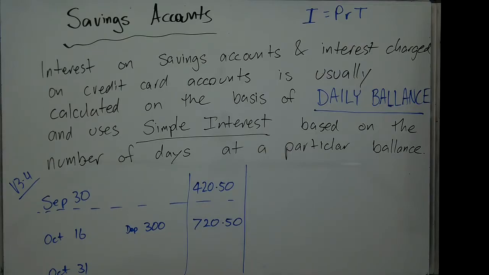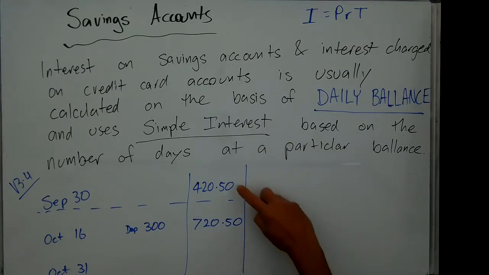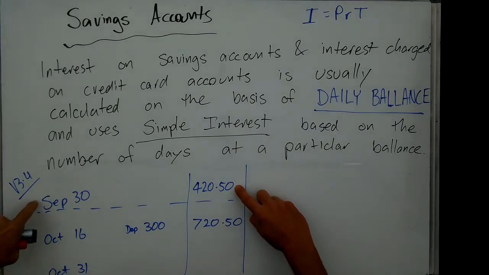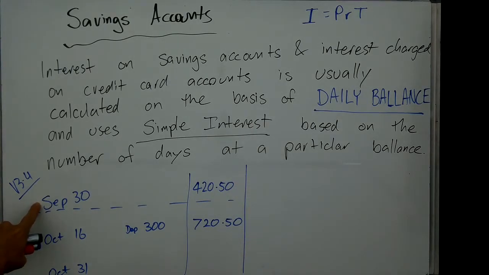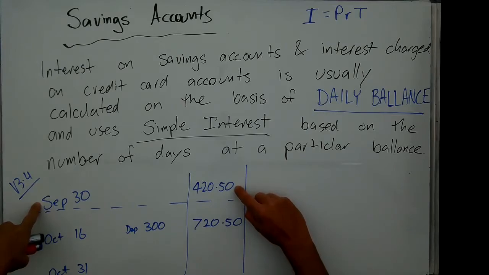this is a person with a savings account that has an opening balance of $420.50 at the start of October. So essentially, we're going to count the 30th of September because that was the day that this balance was reached.